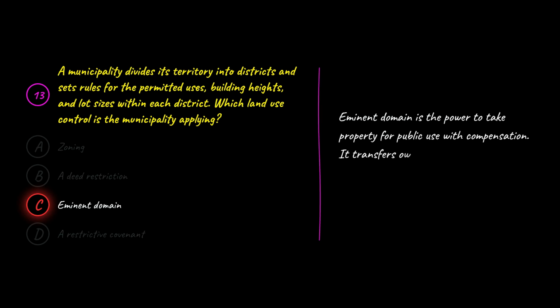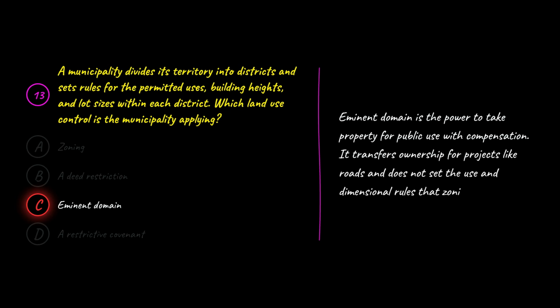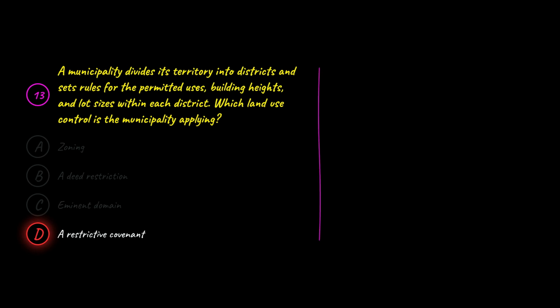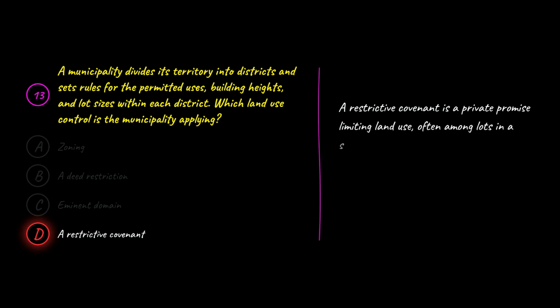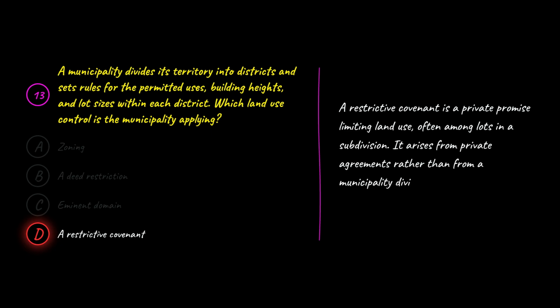It transfers ownership for projects like roads and does not set the use and dimensional rules that zoning establishes. D is wrong because a restrictive covenant is a private promise limiting land use, often among lots in a subdivision. It arises from private agreements rather than from a municipality dividing the whole community into regulated districts.